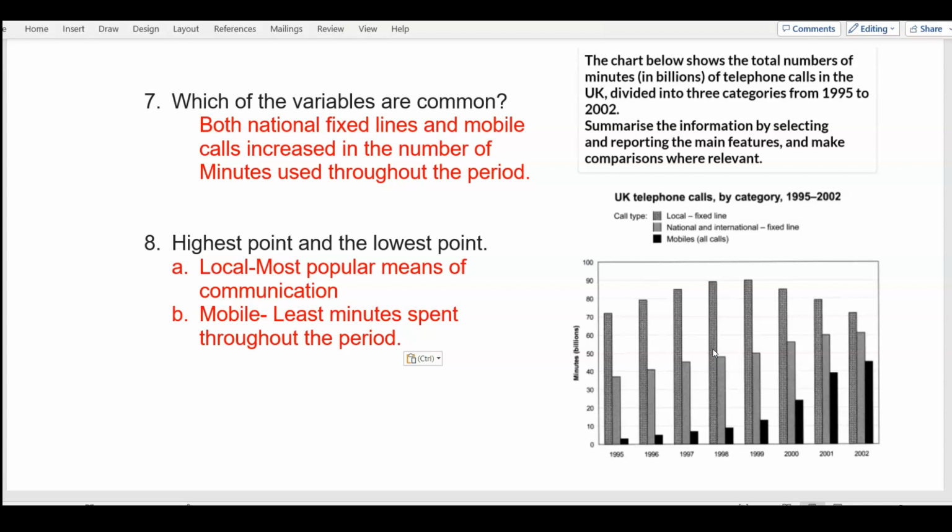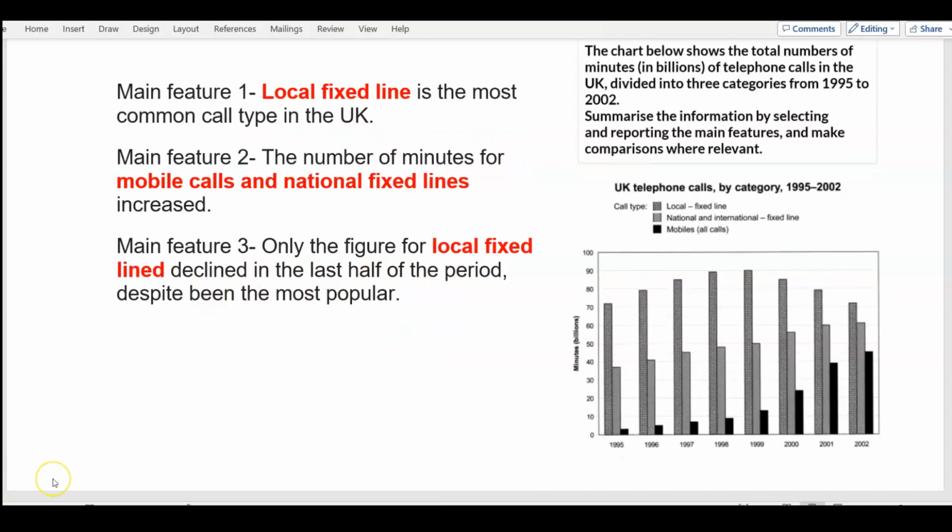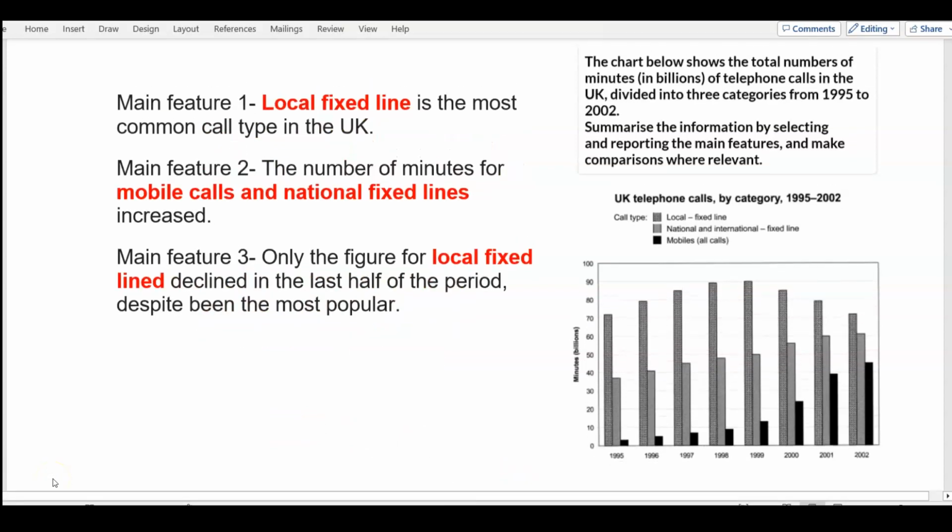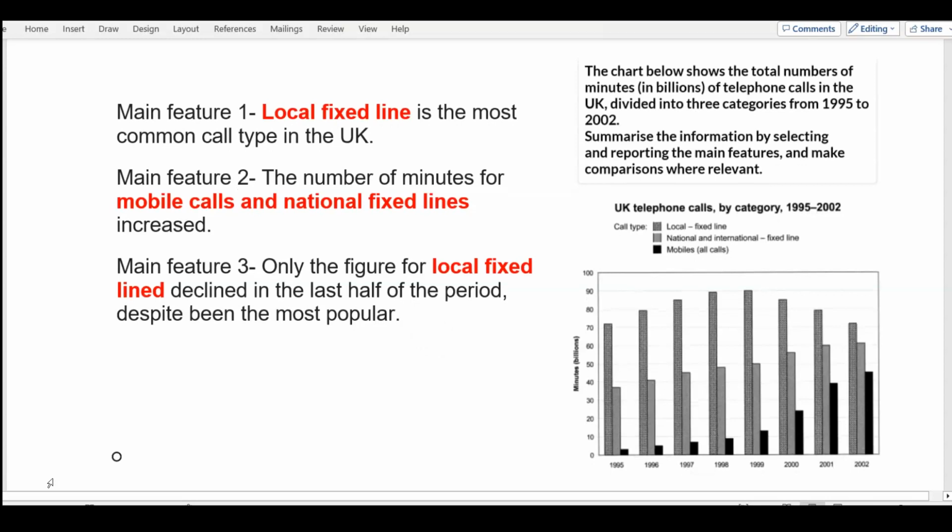Okay, so let's write down our key features using the points that we have received. We know the variables that are common, we know the highest, the lowest. We just have to get the key features to summarize everything together. So we write down these three main features for the graph.